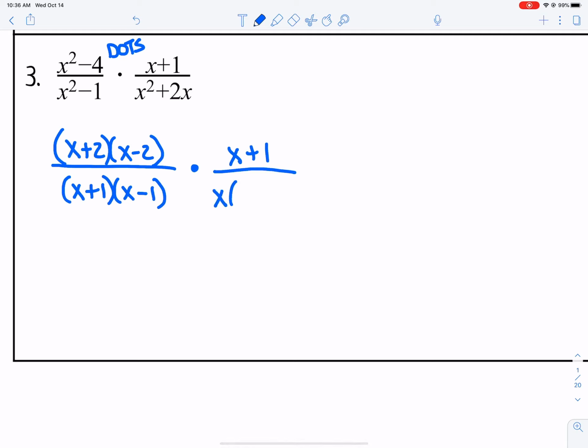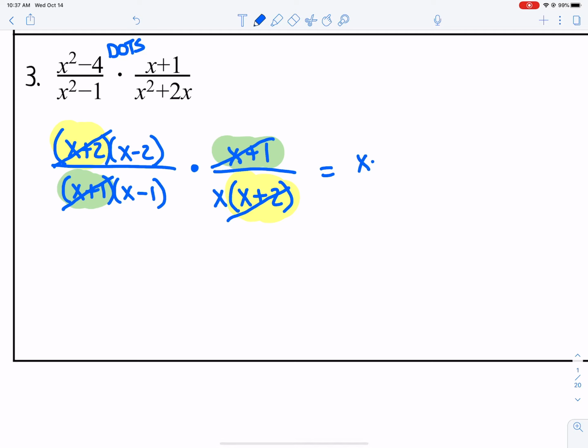And if I take out an x in the denominator as my greatest common factor, I've got x plus 2 left over. So then we look for common factors. So I've got x plus 2 in the numerator and another x plus 2 in the denominator. We also have x plus 1 in the numerator and the denominator. So those can all cancel out.